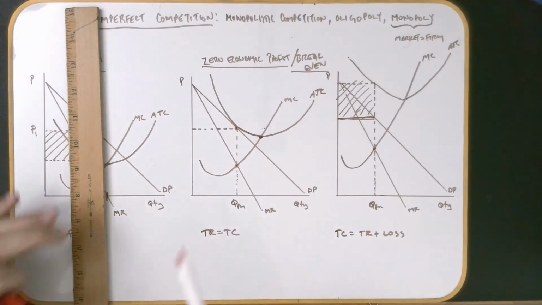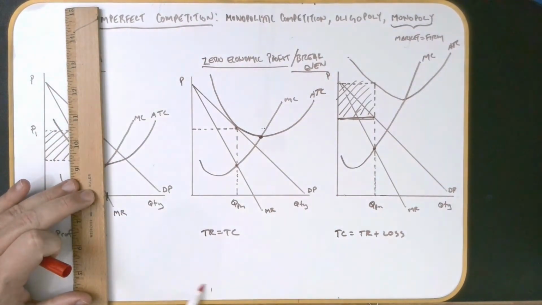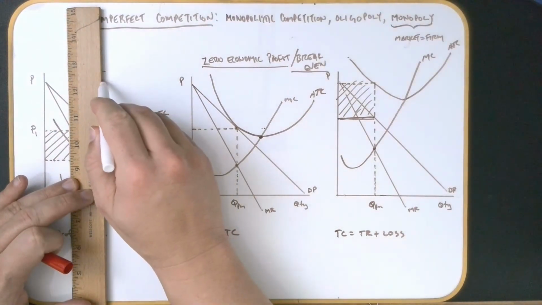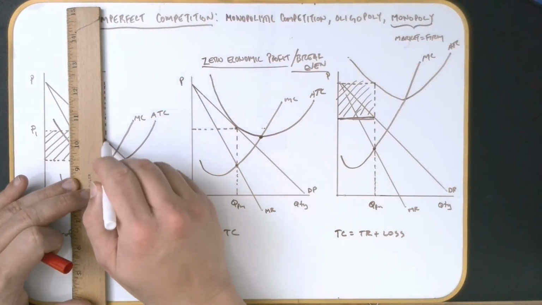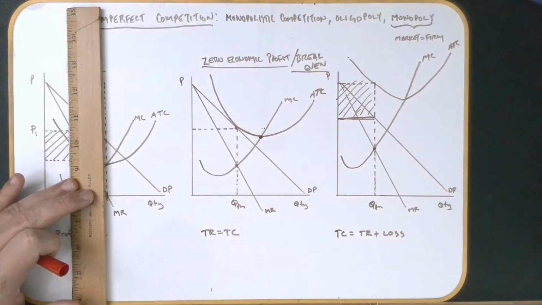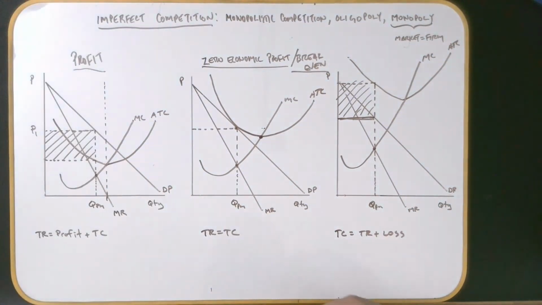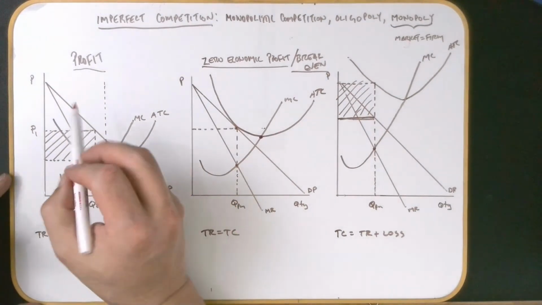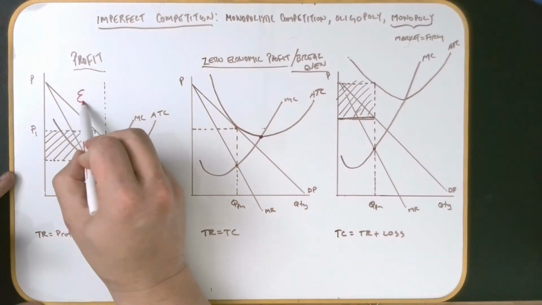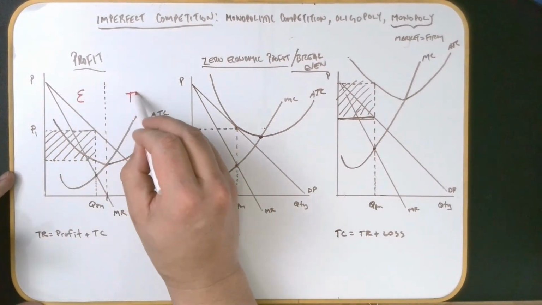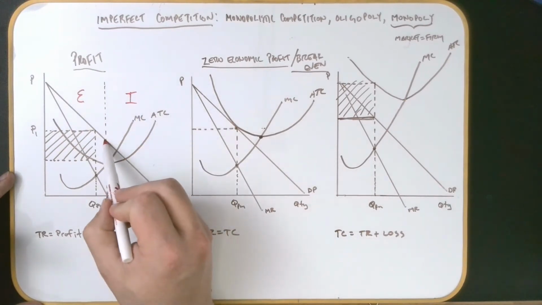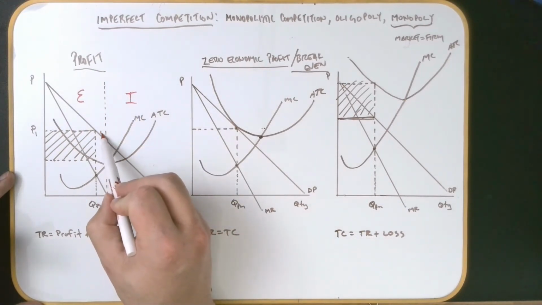So at that spot right there, I'm just going to make a dotted line going through here. Okay, and that red, hopefully that's showing up there. This is the elastic zone, and this is the inelastic zone of the demand curve, and actually even right there is where we are unit elastic.